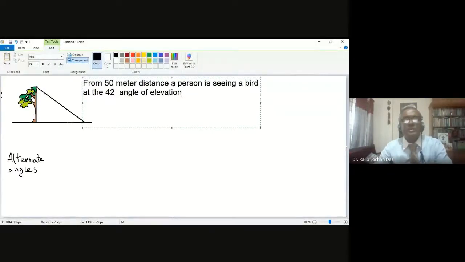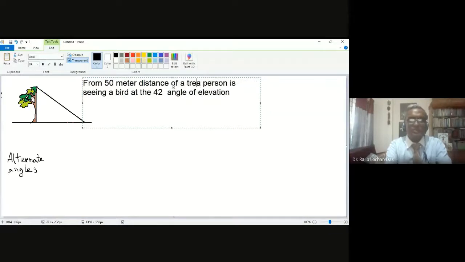42 degree angle of elevation, from a 50-meter distance of a tree. A person is seeing a bird at the angle of elevation from the field. Find the height of the tree.